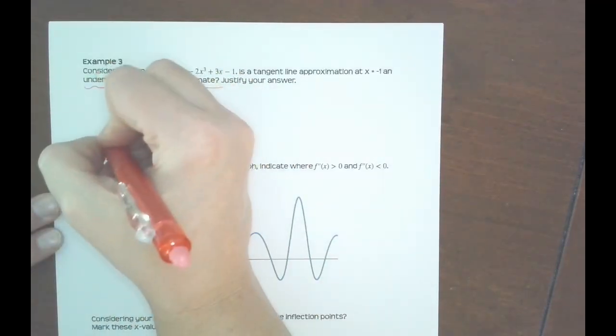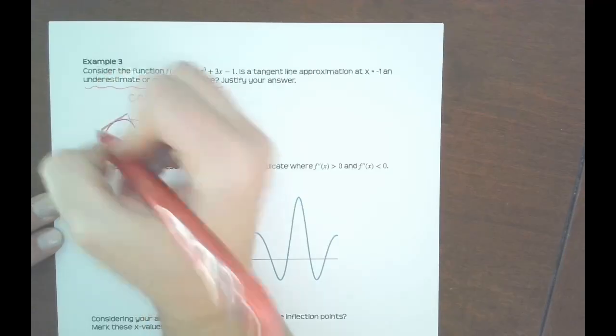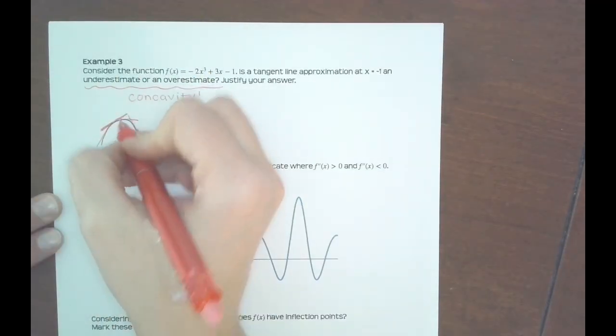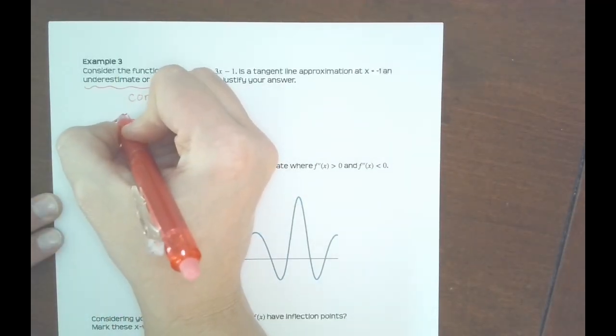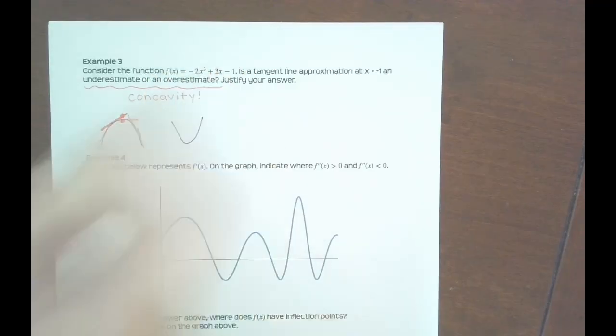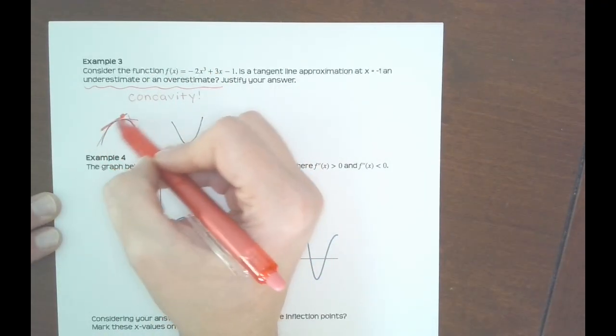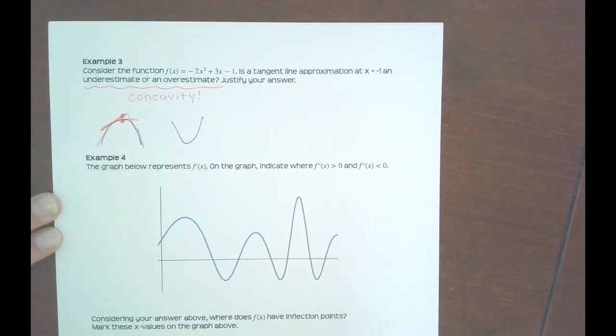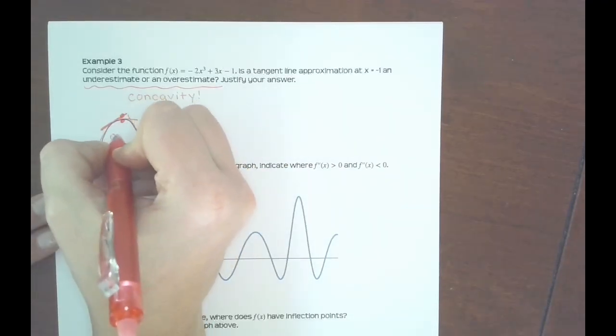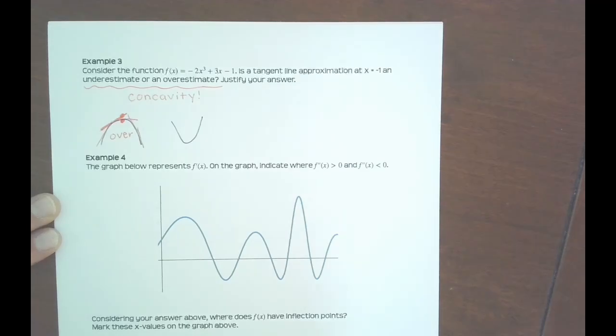So if I were to use, let's say, this line right here to make an estimation about the function value, my estimate would be here and the actual function value would be here. My estimate is above the function because that's where the tangent line sits.